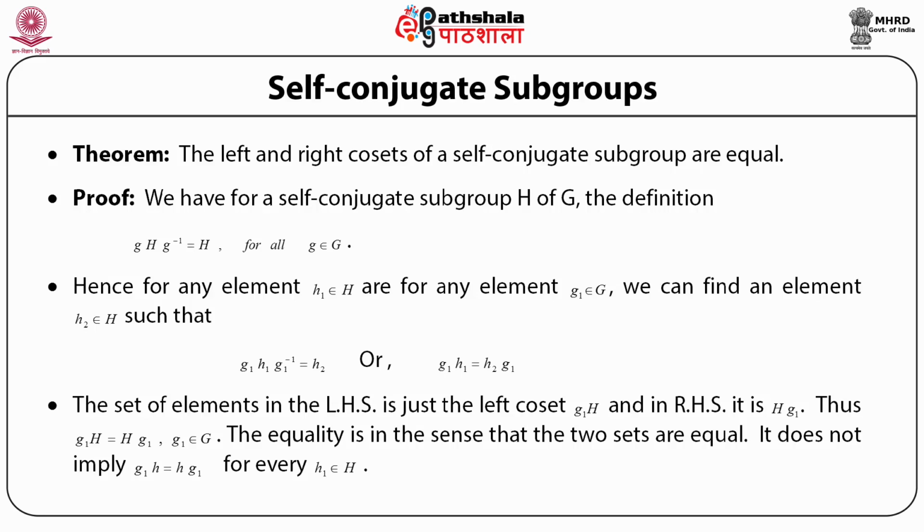The set of elements on the left hand side is just the left coset G1H, and the elements on the right hand side constitute the right coset.